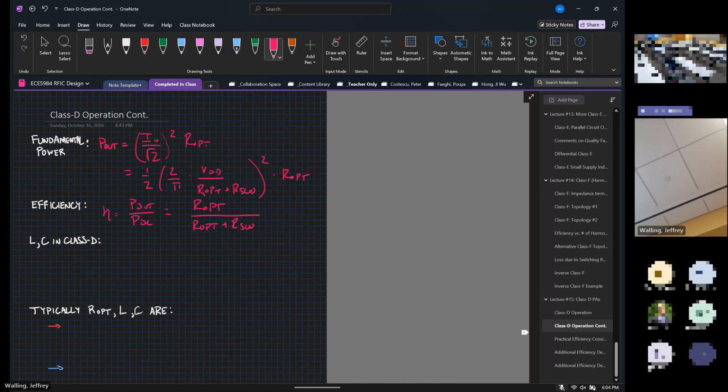So interestingly, this is really a voltage division. What we're ultimately saying is that if our switch is ideal, we won't divide the voltage across the switch, and you'll get 100% efficient operation.